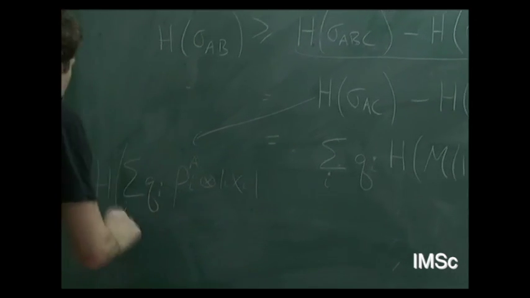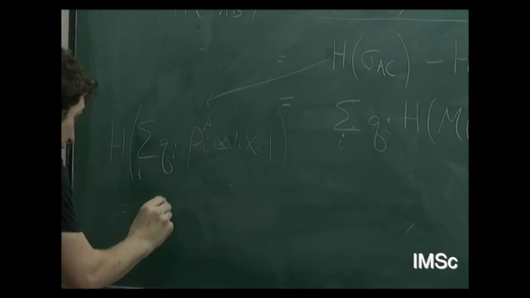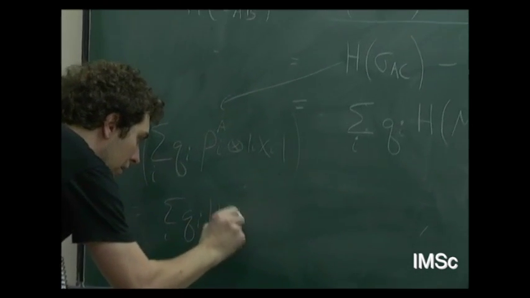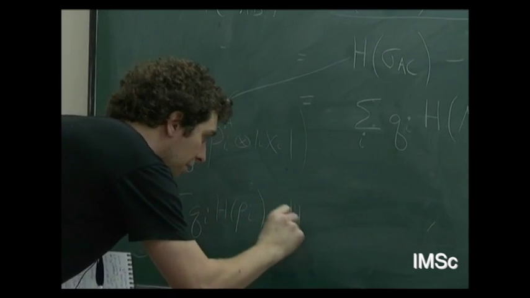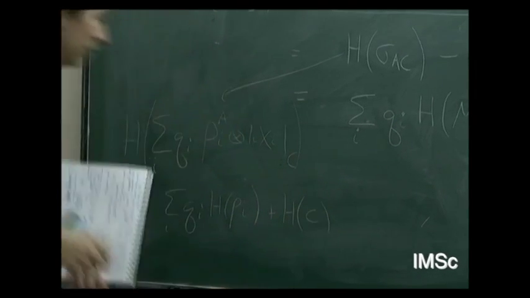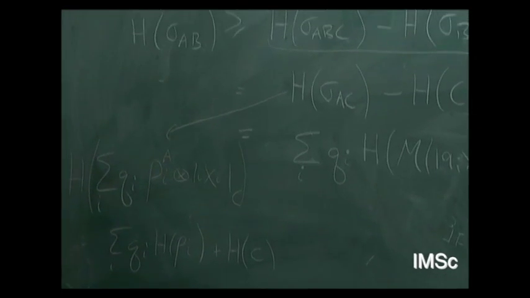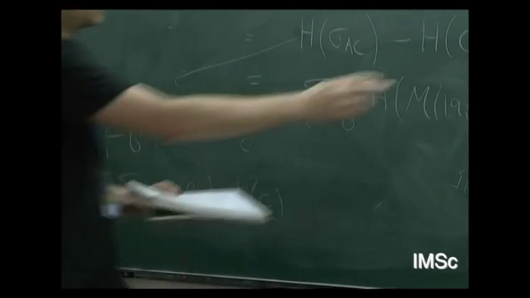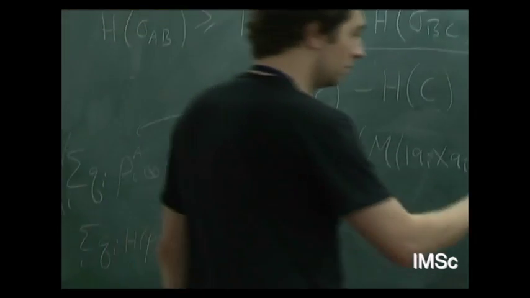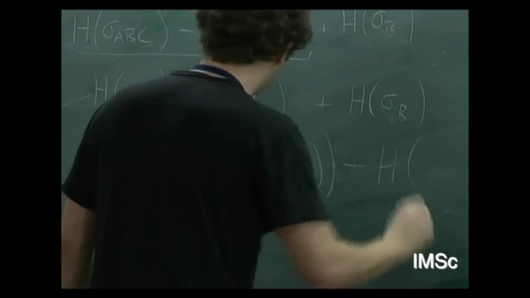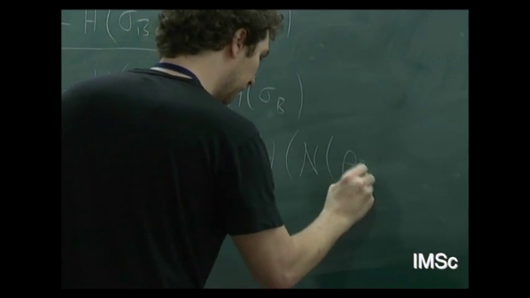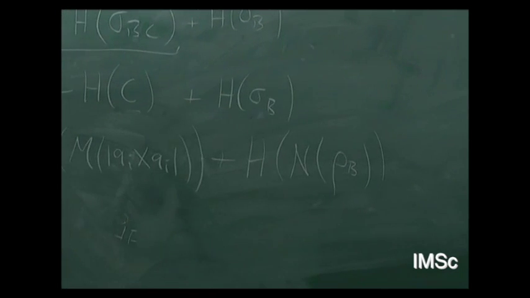You can always write the entropy of that as the average of the entropies plus the entropy of this system here. That's only true when the state is of this form, but it is of this form, and then we get to subtract away the entropy, so we end up with just this quantity, plus, again, the entropy of N on rho B. That's what sigma B was.